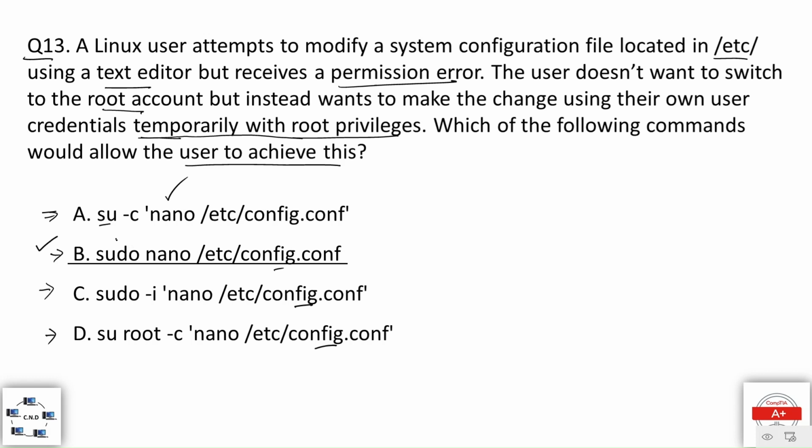So sudo is the command to use so that your user temporarily gets root privileges. Nano is the text editor used inside Linux, and this is the file that the user wants to edit.